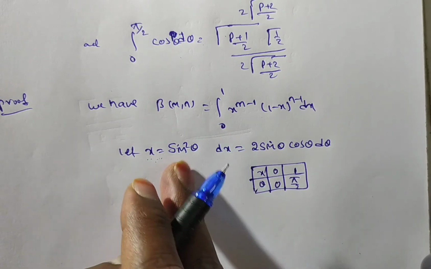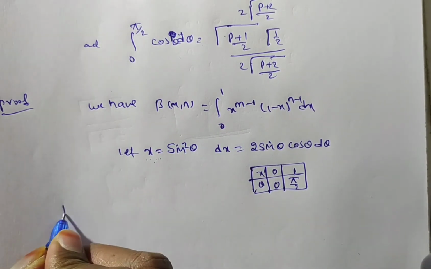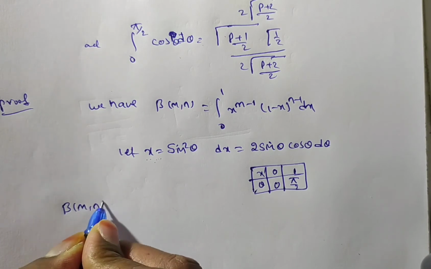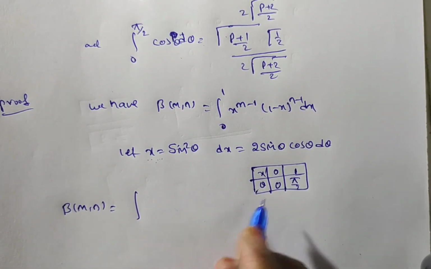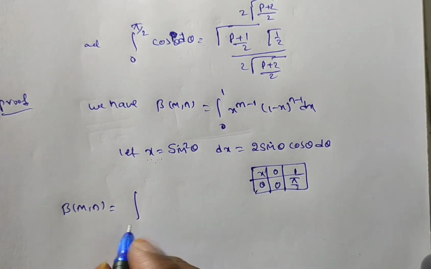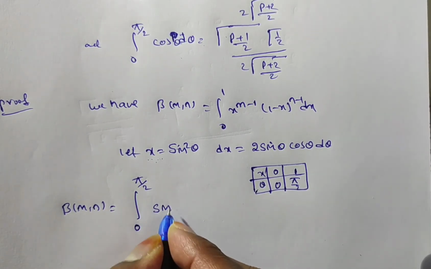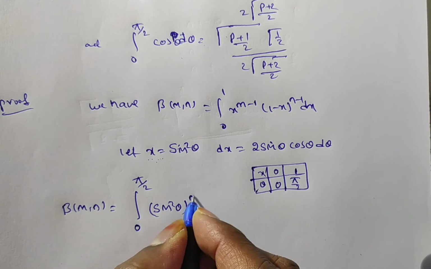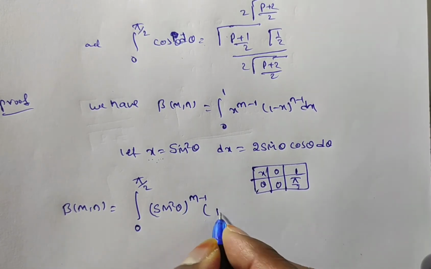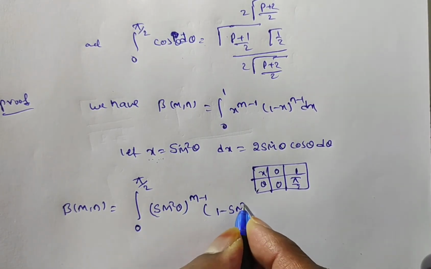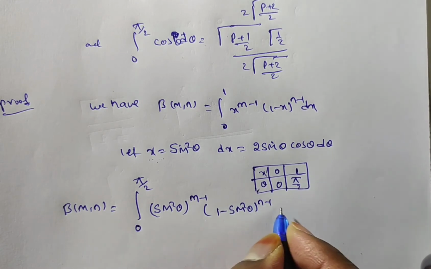Now you see, substitute all these values in the above equation. What will happen? Beta of m comma n is equal to the integral from 0 to pi by 2. What is x here? Sine square theta power m minus 1. What is 1 minus x? 1 minus sine square theta power n minus 1. What is dx?